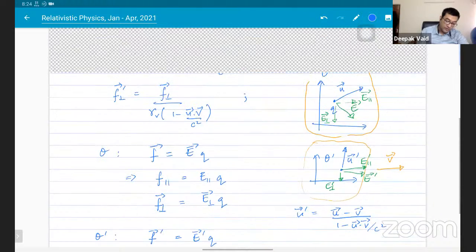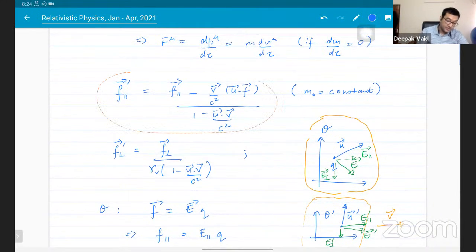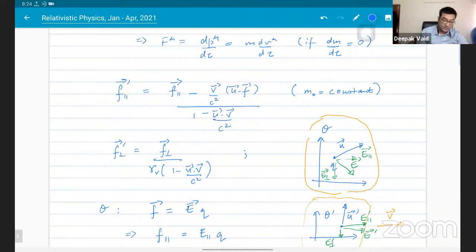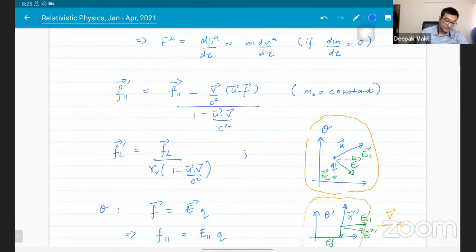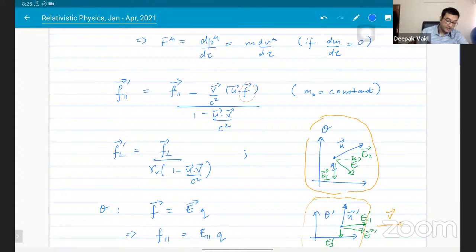So now all we need to do is just substitute these expressions into the force transformation equation. Instead of F parallel, we substitute E parallel times Q. Instead of F parallel prime, we write E parallel prime times Q. Instead of F, we write EQ.